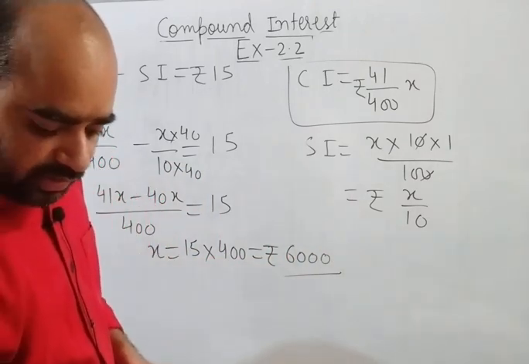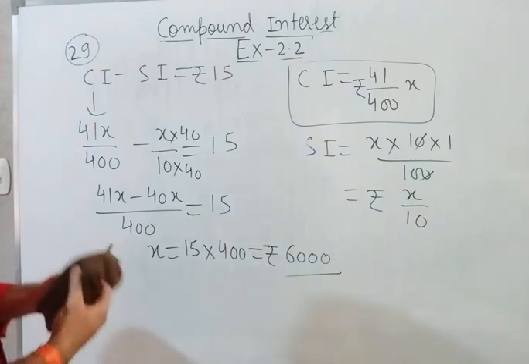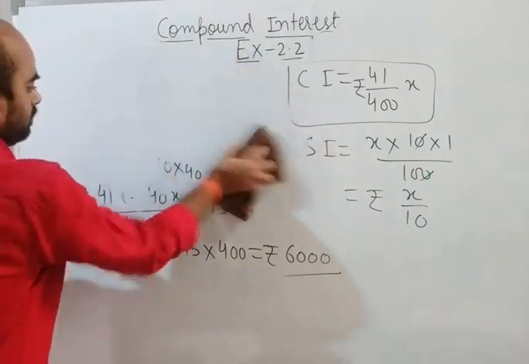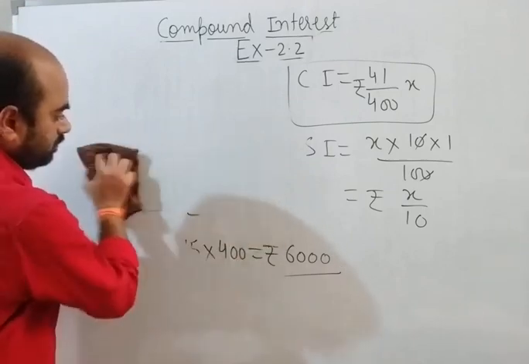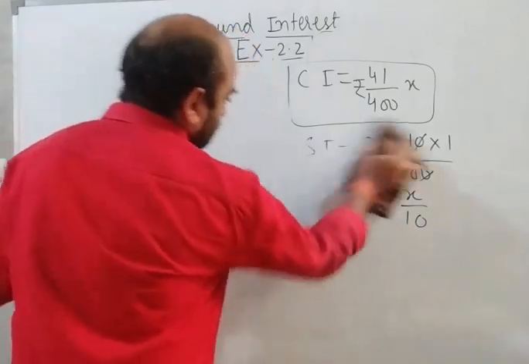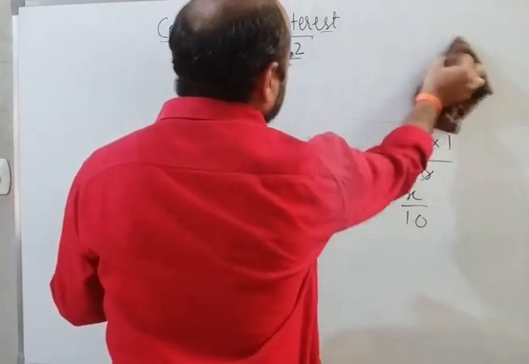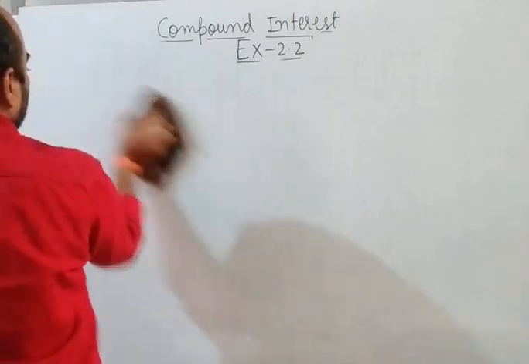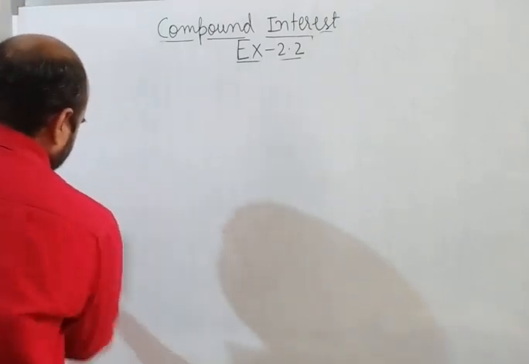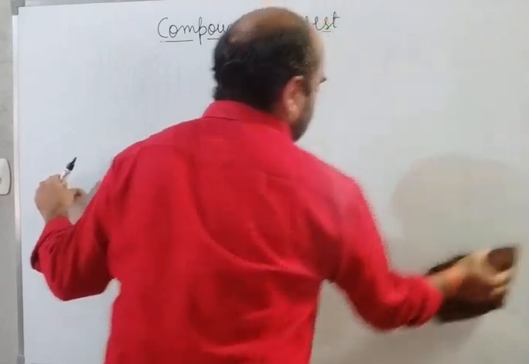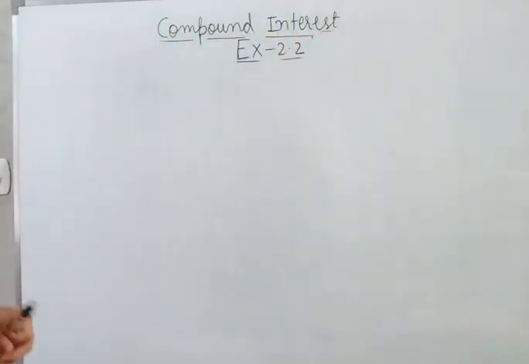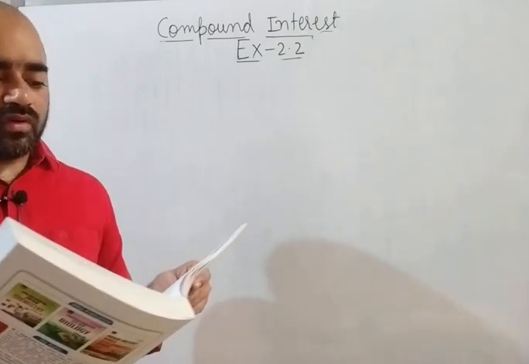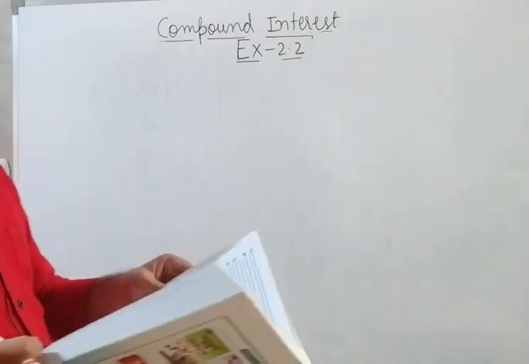Now next is question number 31. So in 31, the simple interest on a certain sum for 3 years is rupees 225.